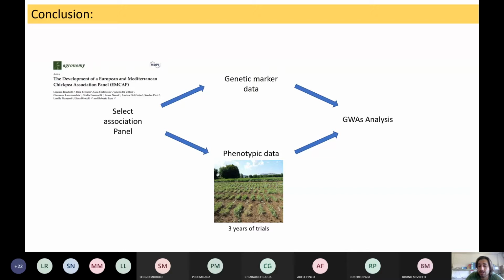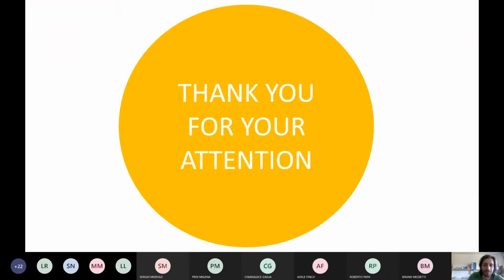This population is currently in its third year of trial, and we are still collecting phenotypic data, and also sequencing this material through whole genome sequencing, so hopefully I will be ready to show you the results of the genome-wide association analysis. Thank you for your attention.